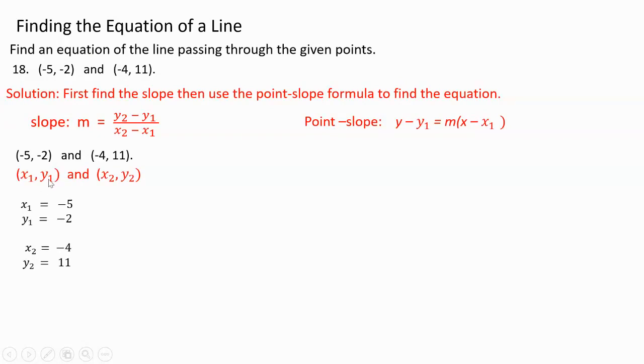We have x1 is negative 5, y1 is negative 2, x2 is negative 4, and y2 is 11. So we plug it in: 11 minus negative 2 over negative 4 minus negative 5. So we get 13 over 1, which is 13.